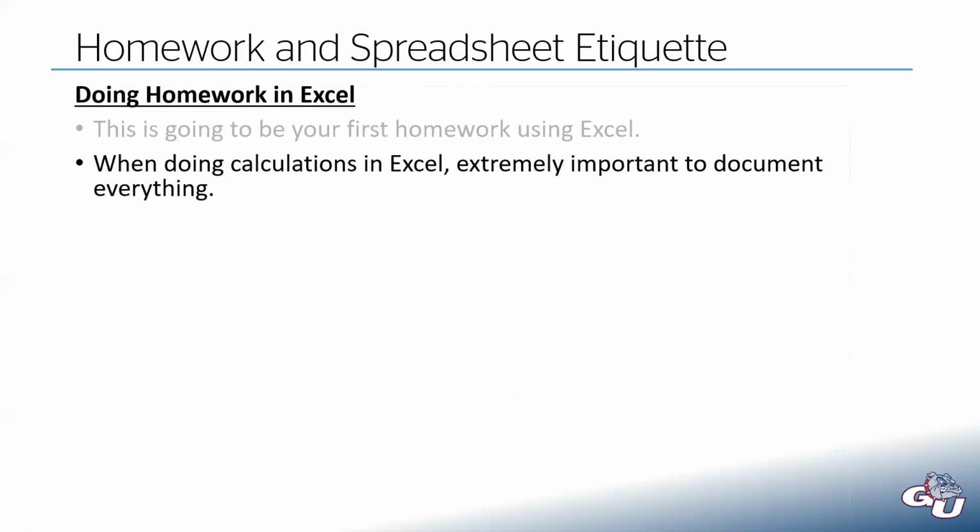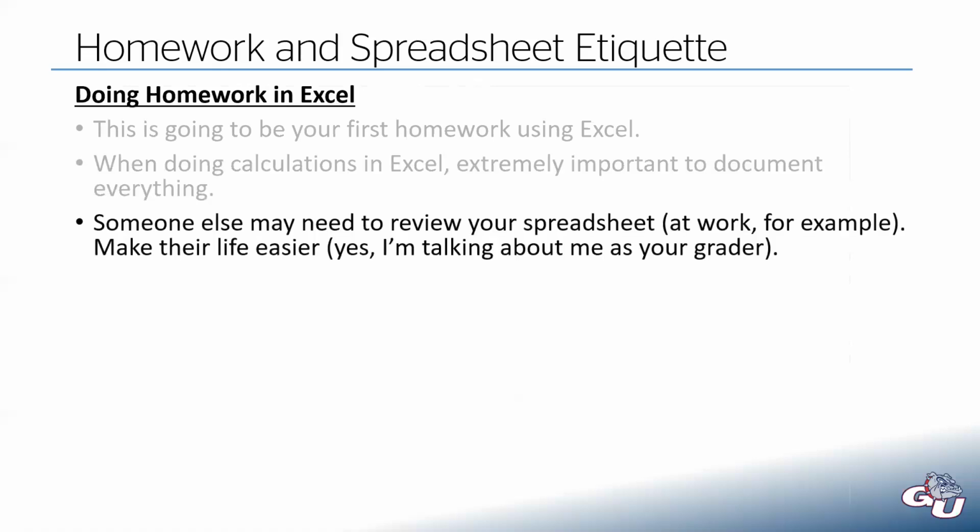So when you're doing things in Excel, it's really important to document everything. Reason being, someone else may need to review your work, and it makes their life a lot easier. So I'm talking about me in grading your assignments. Make my job easier.